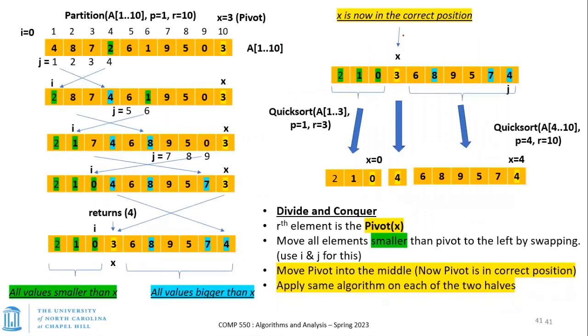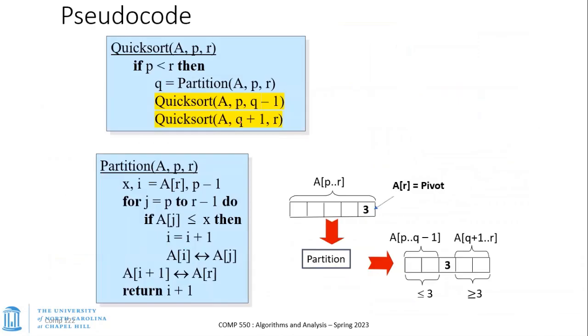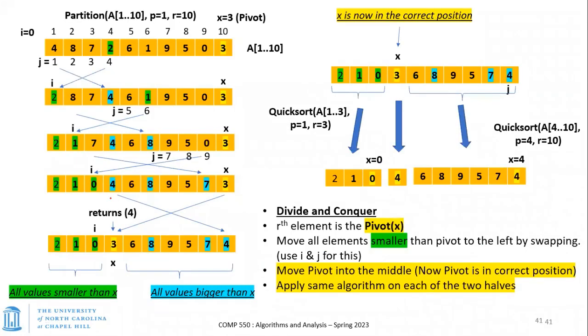So now that we've done that, if we go back, we've done the partitioning, and now we're going to do the quicksort recursively, on this part and this part.